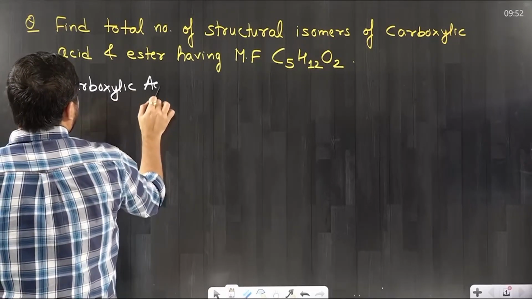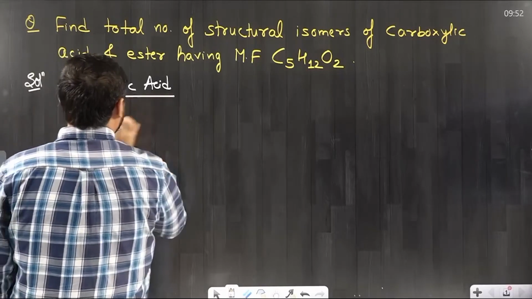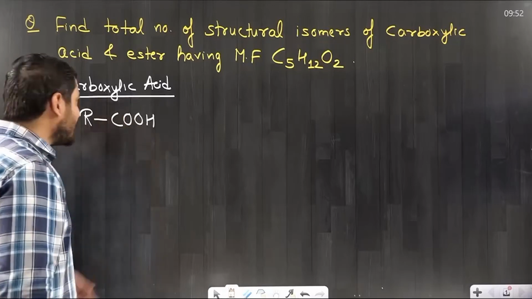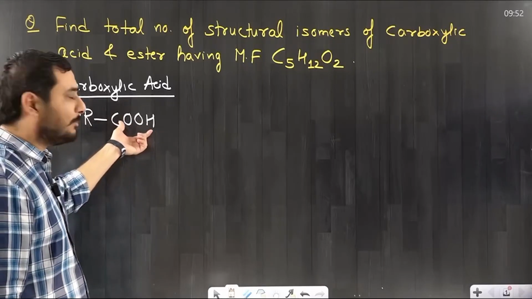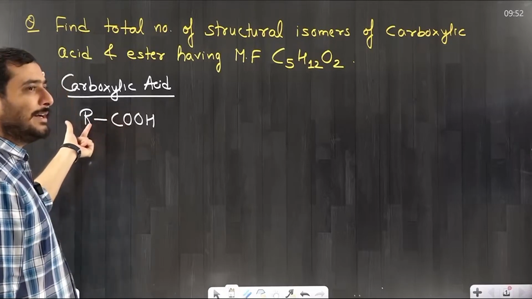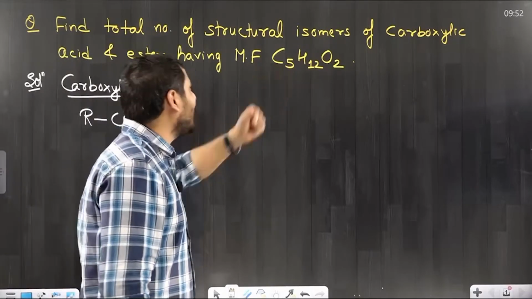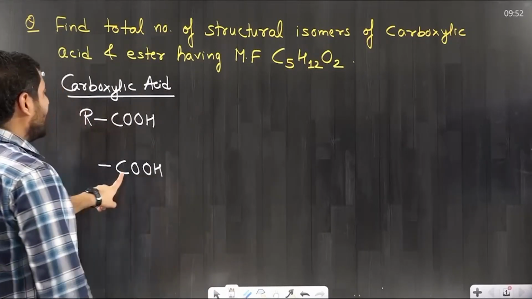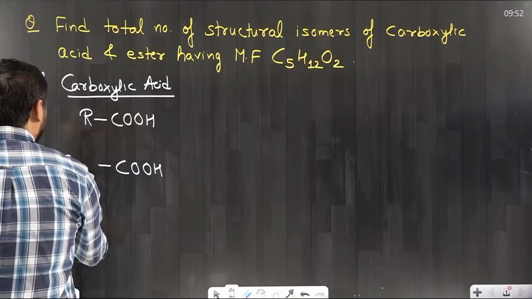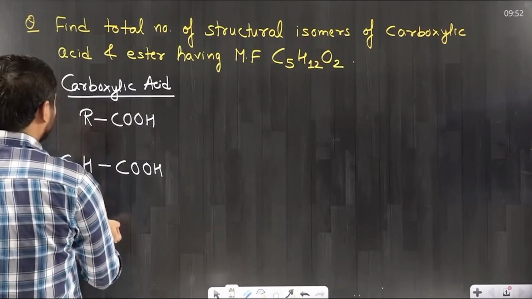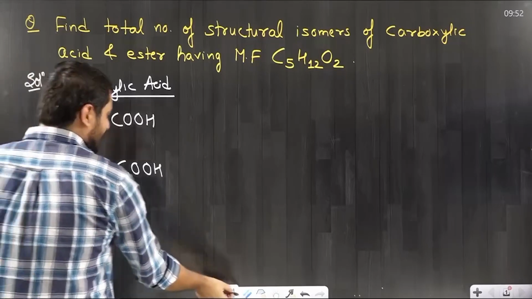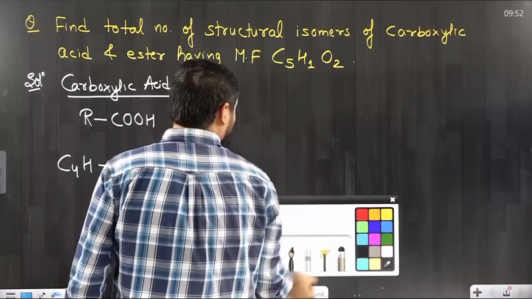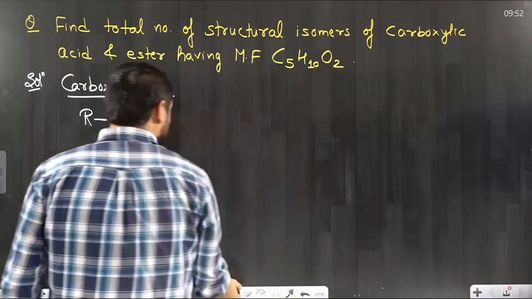Now what is the carboxylic acid functional group? COOH. So what is the representation? RCOOH. So which is the fixed part here? COOH is the fixed part for carboxylic acid. What is the variable part? That is alkyl. Now a total of 5 carbon atoms are present in this molecular formula. So one is already involved in COOH. So how many are remaining? 4. And how many hydrogen are remaining? 9, because there is one degree of unsaturation. So C4H9, and 2 oxygen are also present.